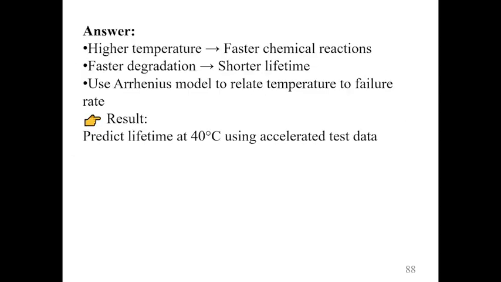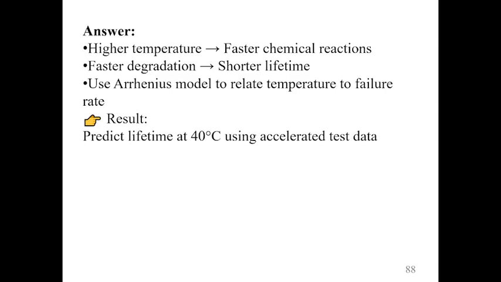So in this example, we want to use the Arrhenius model to analyze temperature accelerated failures in an electronic capacitor. Instead of performing long-term tests at normal operating temperature, we increase the temperature to accelerate the aging process. This is based on the physical principle that chemical reactions such as insulation degradation occur faster at higher temperatures.